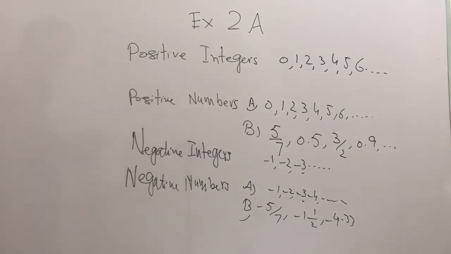Similarly, there is a difference between negative integers and negative numbers. You need to go through this and try to differentiate between these two. You should always remember the difference between positive integers and positive numbers and between negative integers and negative numbers.